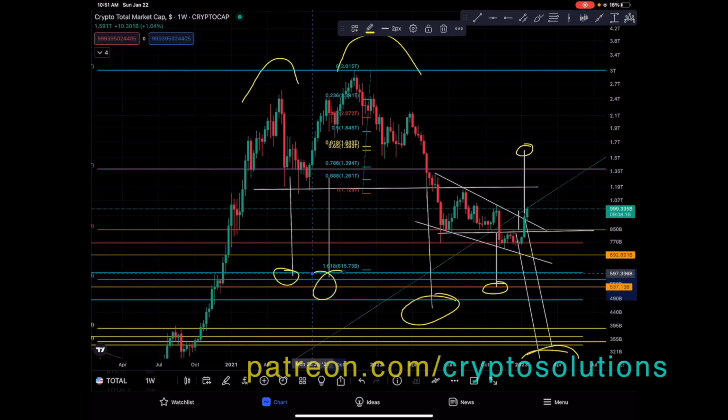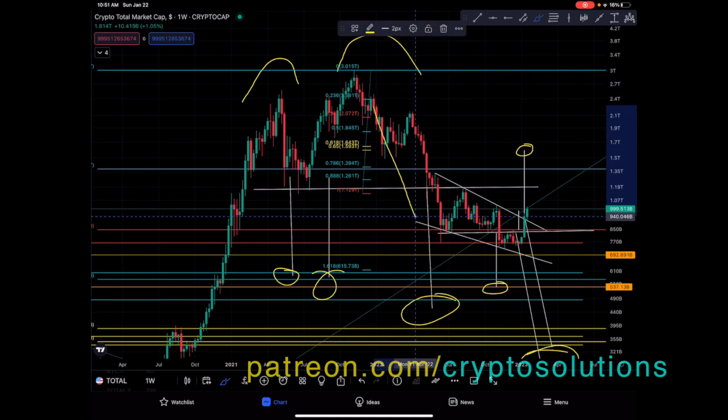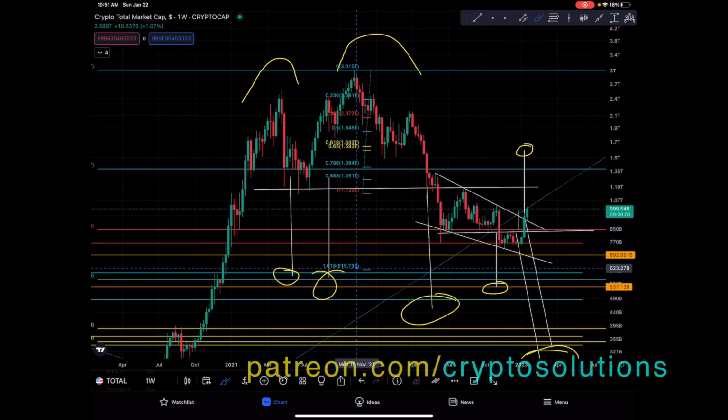And the other bearish sign would be using the reverse Fibonacci retracements right here, from here to here. Usually that indicates the bottom when it reaches that 1.618 Fibonacci extension, and that is all the way down around $615.73 billion right there for the cryptocurrency market cap.